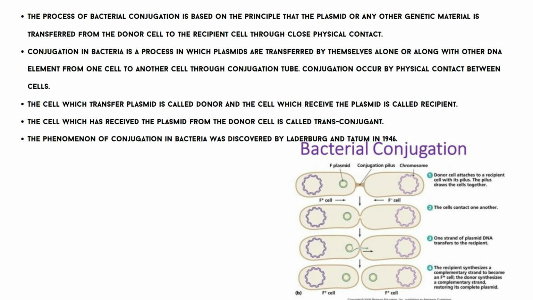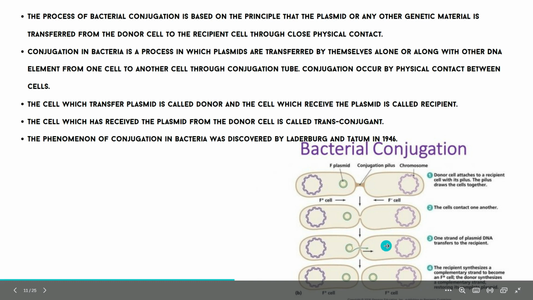Next comes the sexual reproduction. Here the bacterial conjugation is a process wherein two bacterial cells come in close proximity, and there is a development of conjugation pilus, and this pilus is formed between two cells, and the plasmids and other genetic material is transferred from one cell to the other cell.